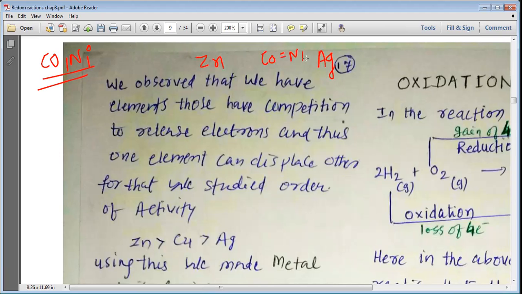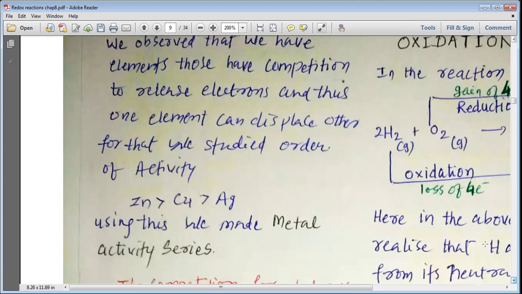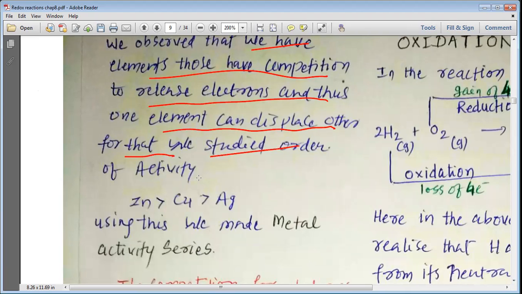So this is how, my dear students, if we really study, we can arrange the various elements or various metals in their ability to release the electrons. We observe that we have elements that compete to release electrons, and thus one element can displace another. For that we study the order of activity.